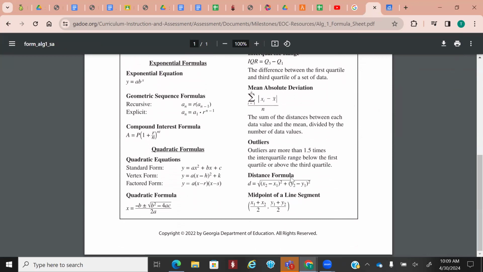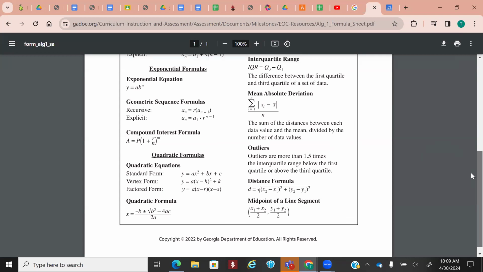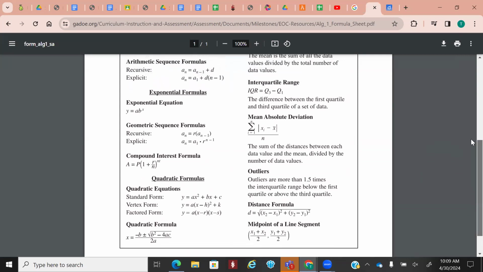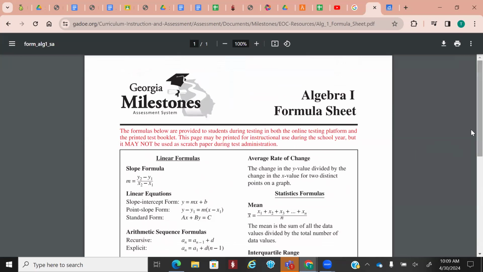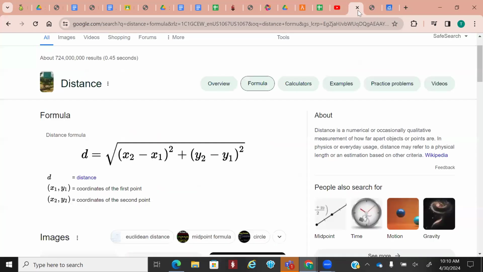They give you distance, which is what we talked about. They give you the quadratic formula. They give you outlier, but it's in word form. Yeah, but that's the formula. Okay, so it's the same thing that I gave you on your test and your mastery check. Okay, so definitely want to make sure that you utilize that Algebra 1 formula sheet. Don't not look at it.